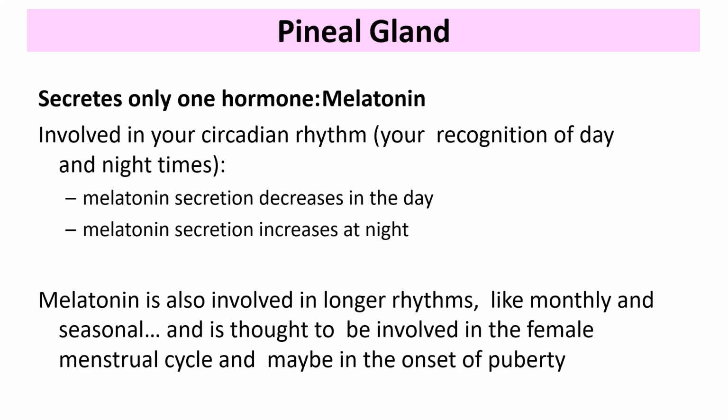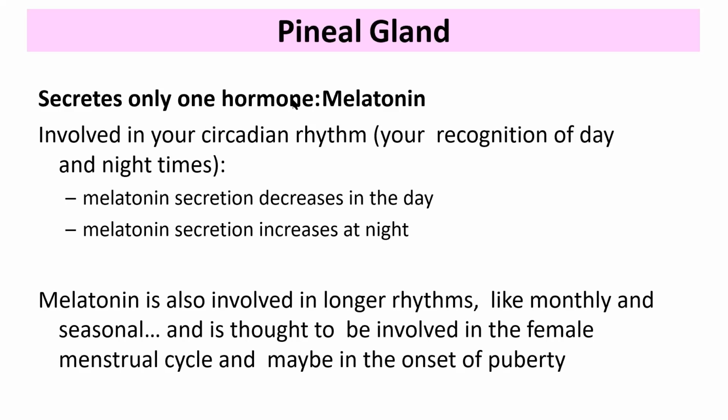So melatonin is involved in longer rhythms, and it's also important for other things, not just sleep. It's also believed to be involved in the menstrual cycle and onset of puberty. So it's really an important hormone.